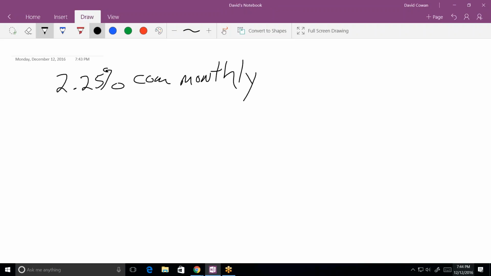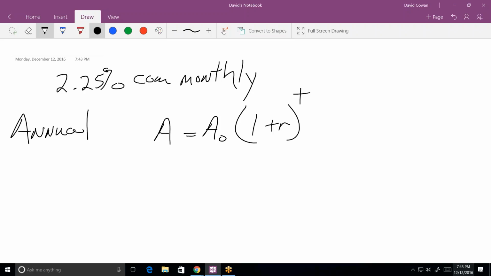There are three equations for growth. There is A, the final amount, equals the initial amount times 1 plus r to the t. That's for annual compounding. For greater than annual, in other words, more often than annual, it's A equals A sub 0 times what?